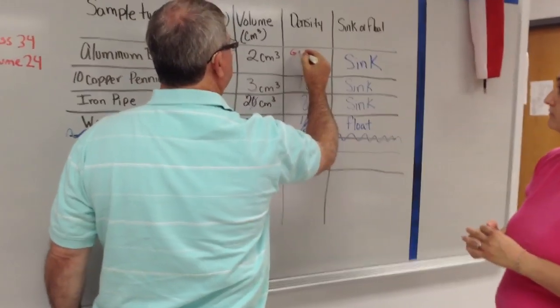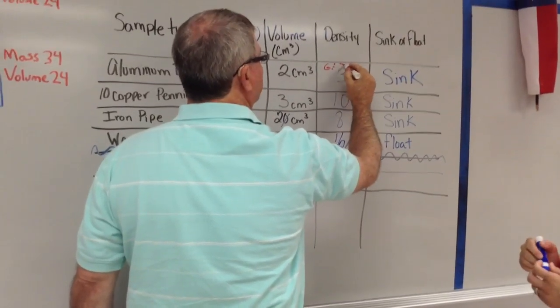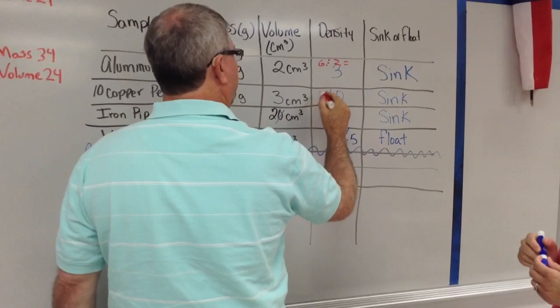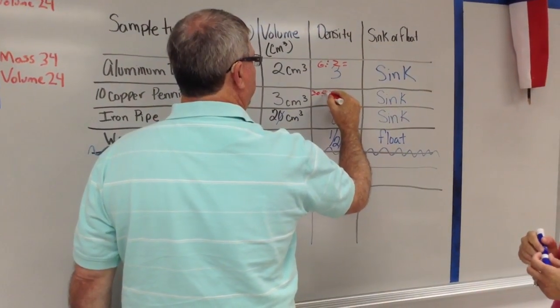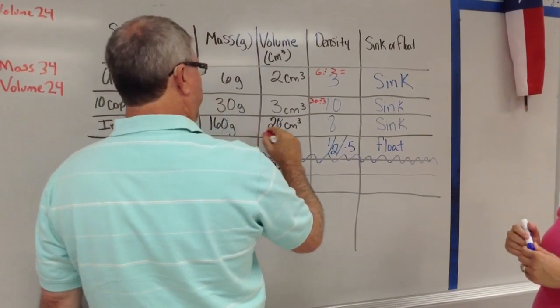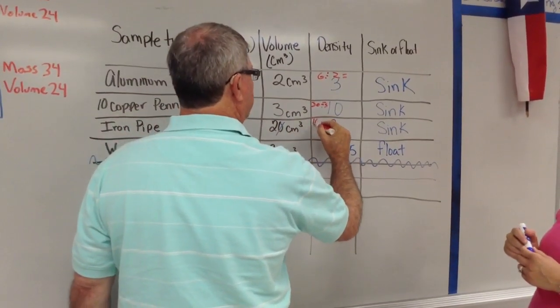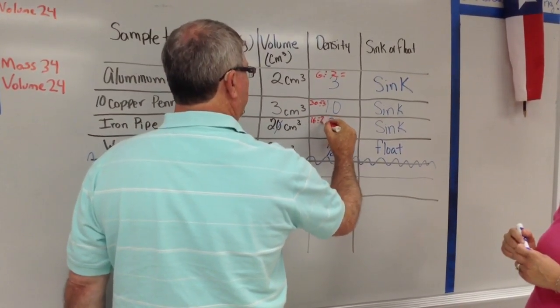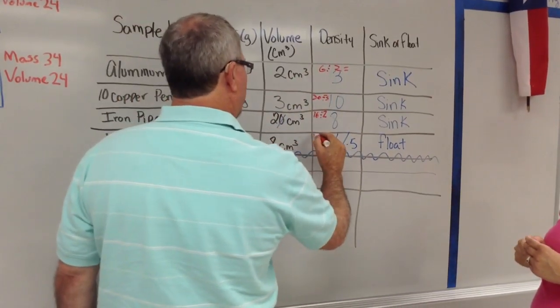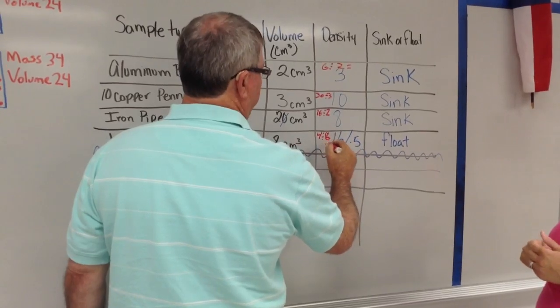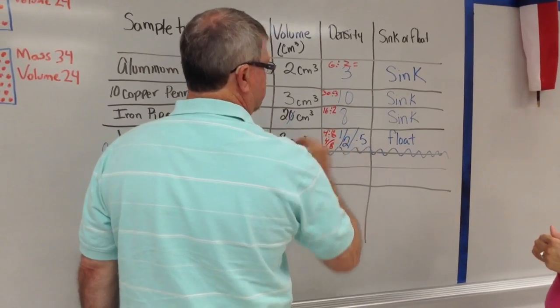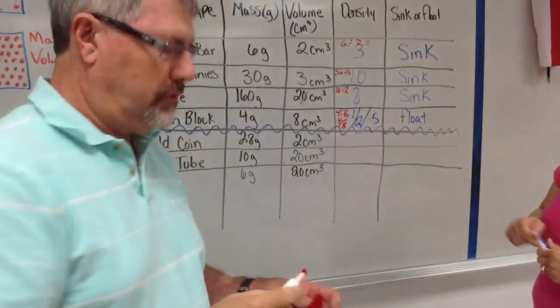So let's just do this again. 6 divided by 2 is equal to 3. 30 divided by 3 is equal to 10. 16 divided by 2 is equal to 8. And 4 divided by 8, or 4 over 8, is 1/2.